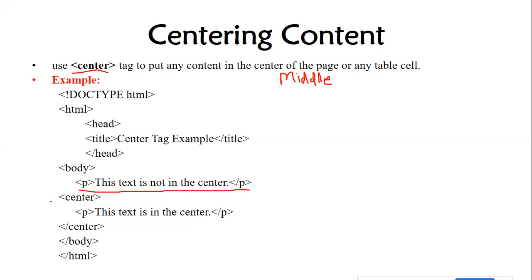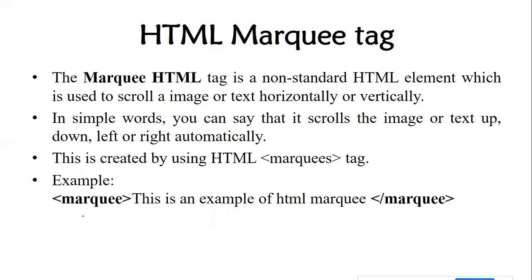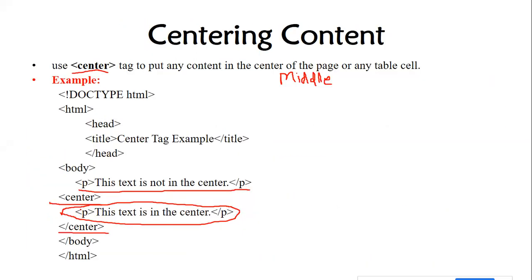And start your center tag here. Whatever contents are between the center tag, the paragraph appears at the middle of the page. So the center tag has both a start tag and an end tag. End of the body and end of the HTML.